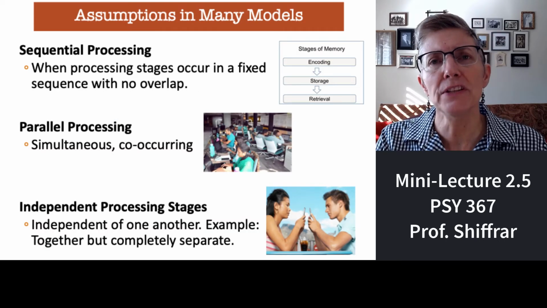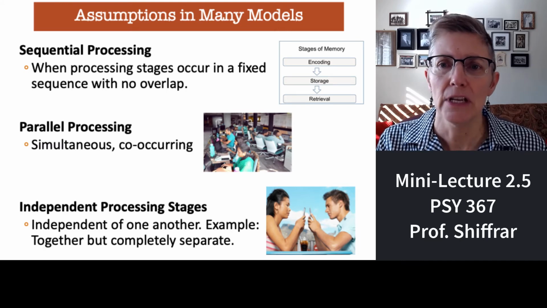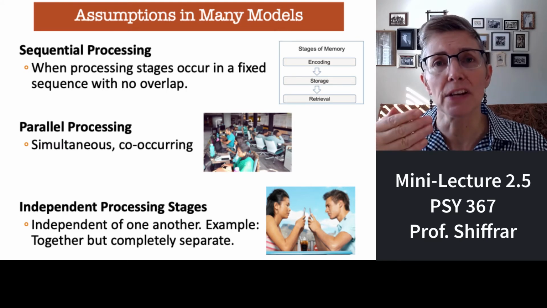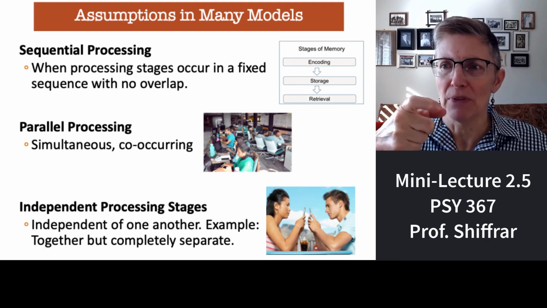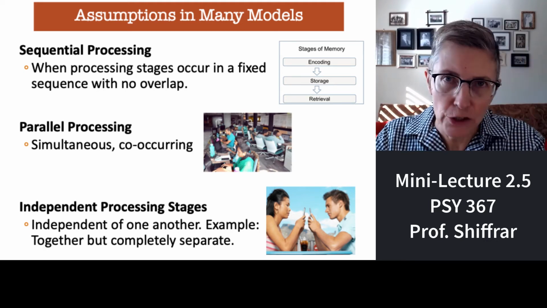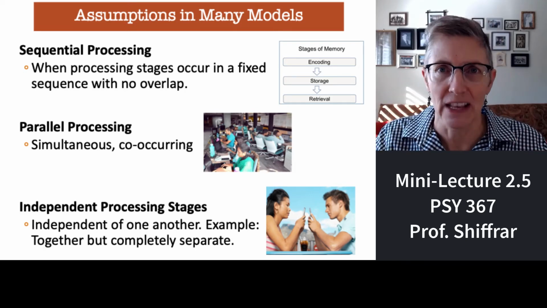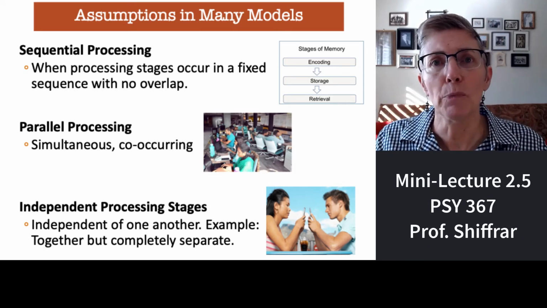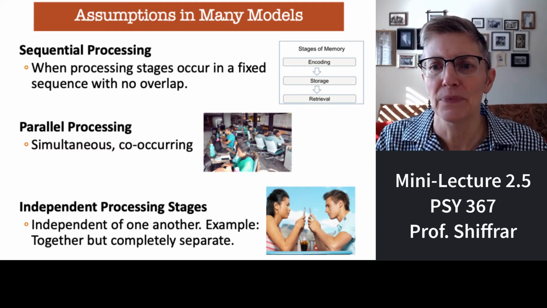There are also different assumptions that models make about how information is processed. Sequential processing means that one thing happens after another. First you have to encode, then you store, then you can retrieve. That's sequential. Parallel processing means that things happen at the same time, right?